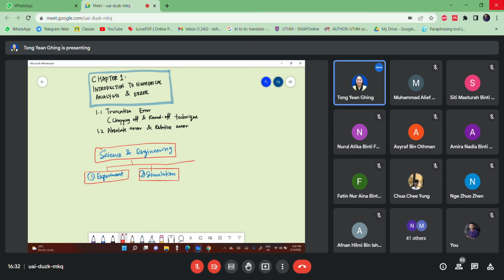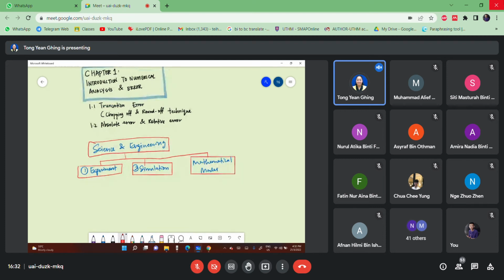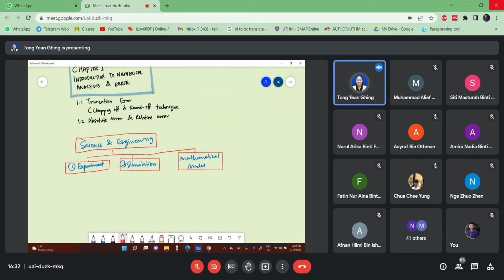And the third approach that we can use is mathematical models. So mathematical models, this is what we learn, right? Maths. Why do you learn math in your civil engineering program? For the mathematical models, we have 2 approaches.